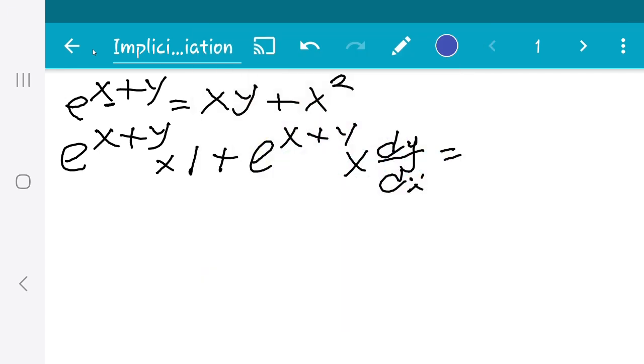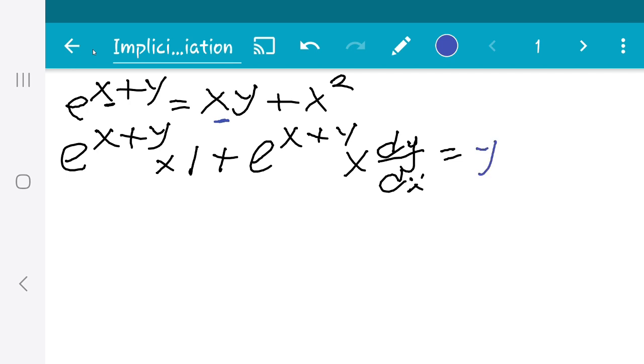On the right-hand side, we must differentiate x multiplied by y. Still the same thing, chain rule. Differentiating x with respect to x gives 1, but because there is y, we are left with y.